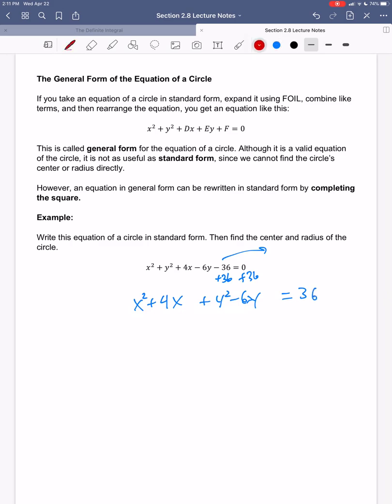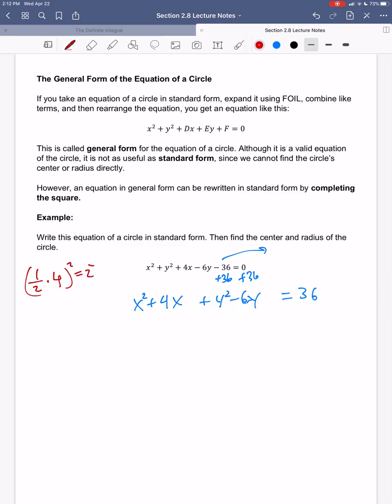And now I complete the square. Remember how I complete the square? I make sure that my squared stuff has a coefficient of 1, which both x and y do here. I'm going to have to complete the square in this problem twice, once with x and once with y. Remember, to complete the square, I take half the coefficient of x, in this case 1/2 times 4, and then I square it.